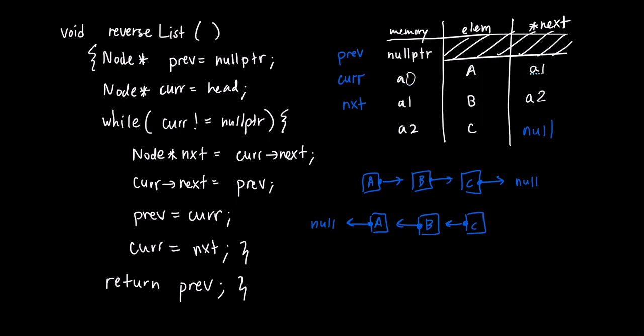And then we're setting current's next to previous. So the next element in current, which is this row, is previous, which is nullptr. So A1 will now be nullptr. So we're kind of going like this.